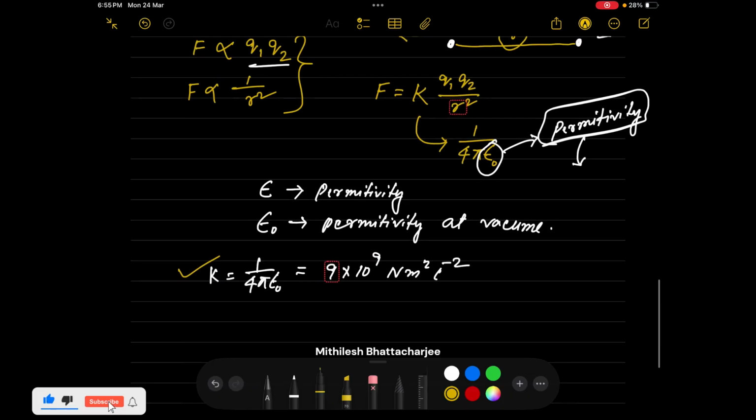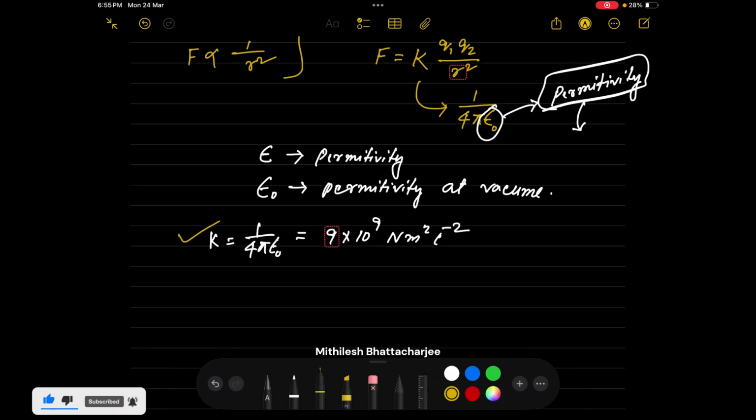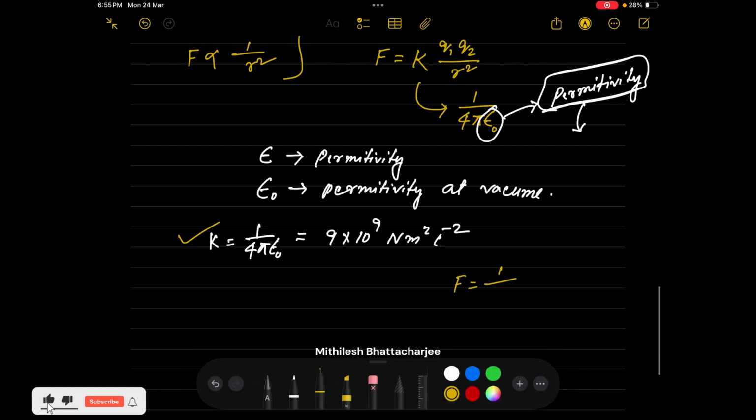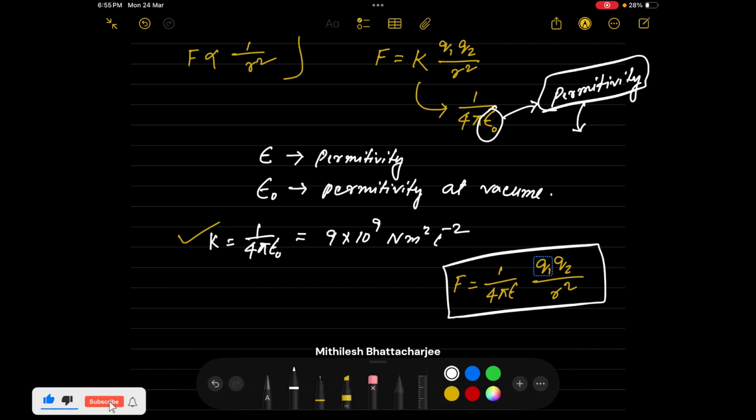So we can now say Coulomb's law is F equals 1 by 4 pi epsilon Q1 Q2 by r square. This is known as Coulomb's law.